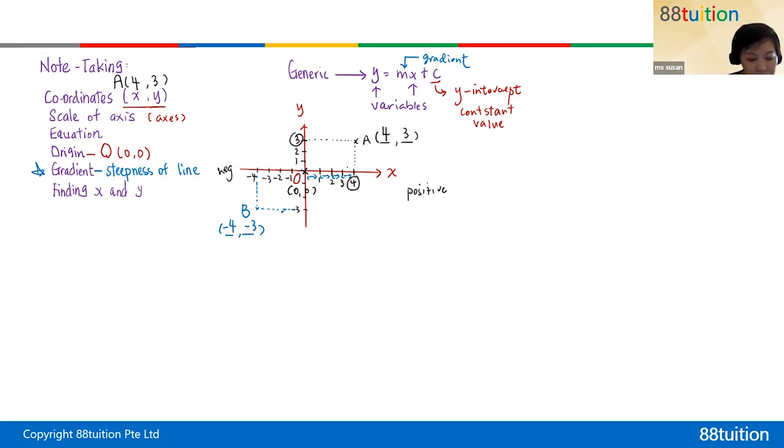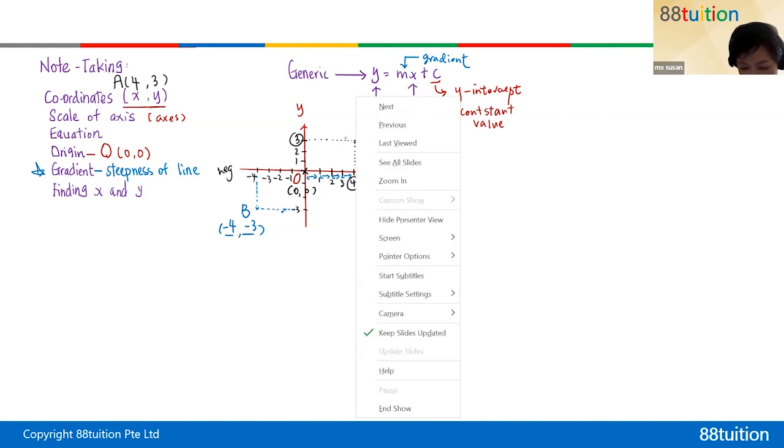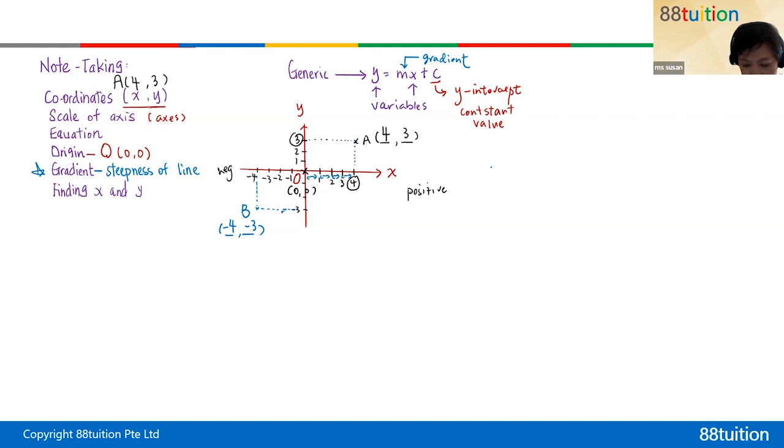All right, equation. If we talk about equation, there must be a certain line that is like that. For example, I'm going to draw something. Give an example here. Okay, for example, I have this. So this is y equals x minus 1, for example only.